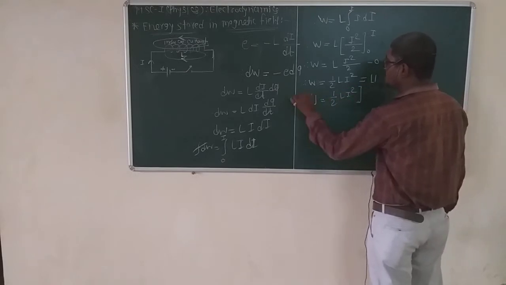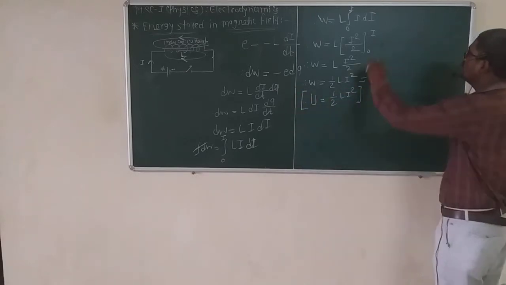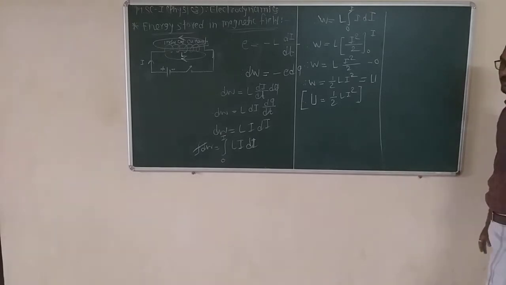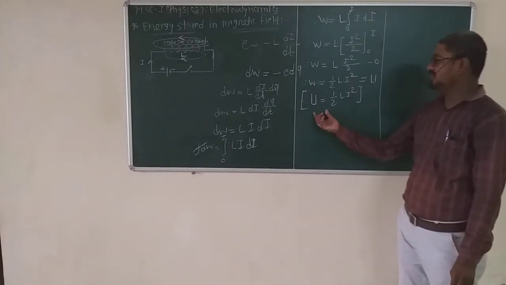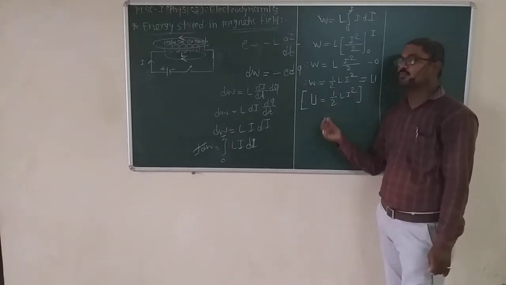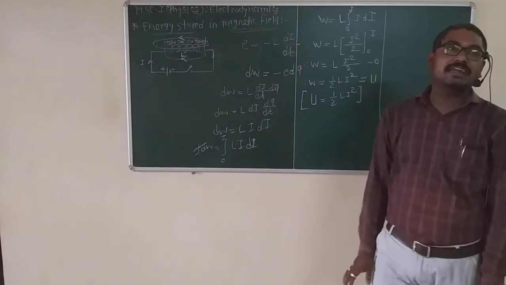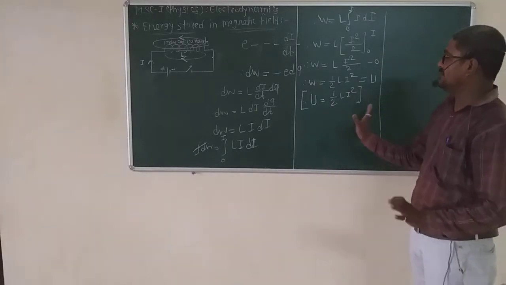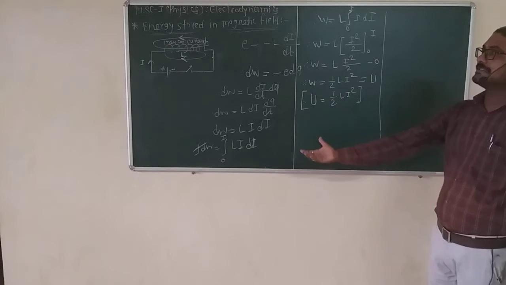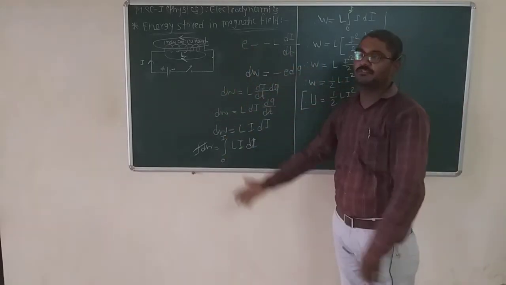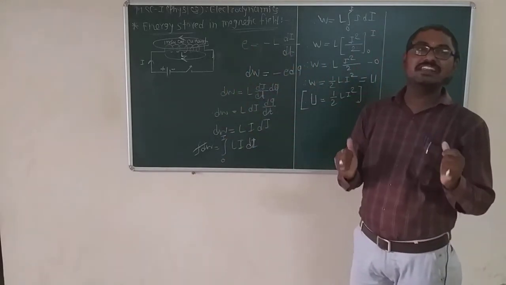This is the energy stored in a magnetic field. That is, U, the potential energy, is equal to 1 by 2 L i square. Okay, this is the expression. Next, this is the energy stored in a magnetic field, but we calculate the energy density.